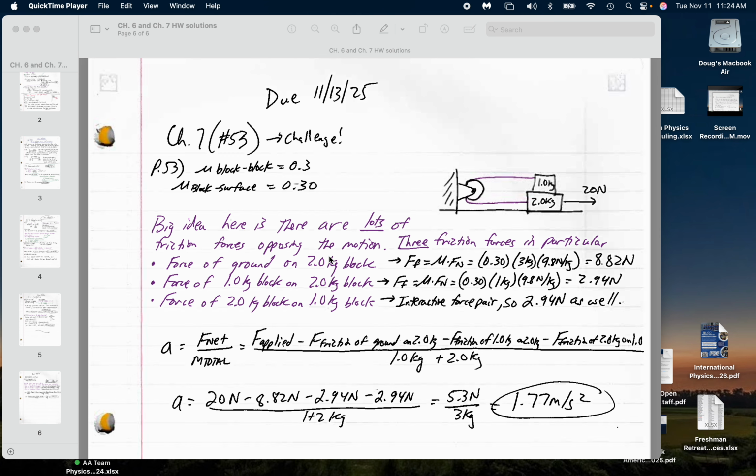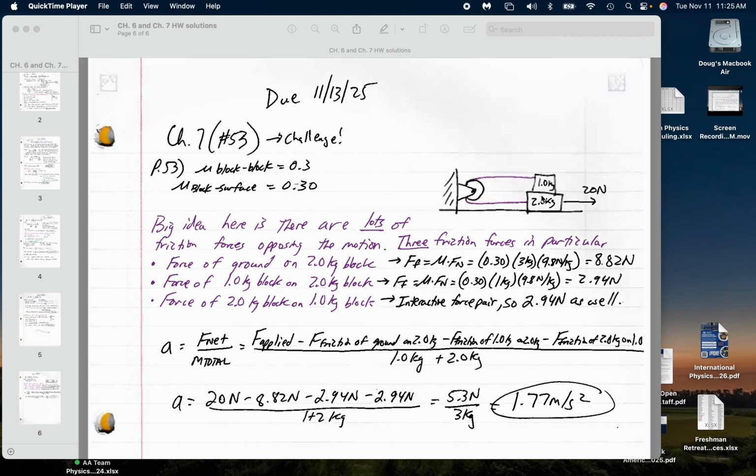So the friction force of the ground on the 2 kilogram block is mu times F normal. Well, it's 3 kilograms times 9.8 newtons per kilogram times 0.3, so that's 8.82 newtons. The friction force between these two is equal to the normal force caused by this block, which is 1 times 9.8, or 9.8 newtons, times 0.3, so that's 2.94 newtons.